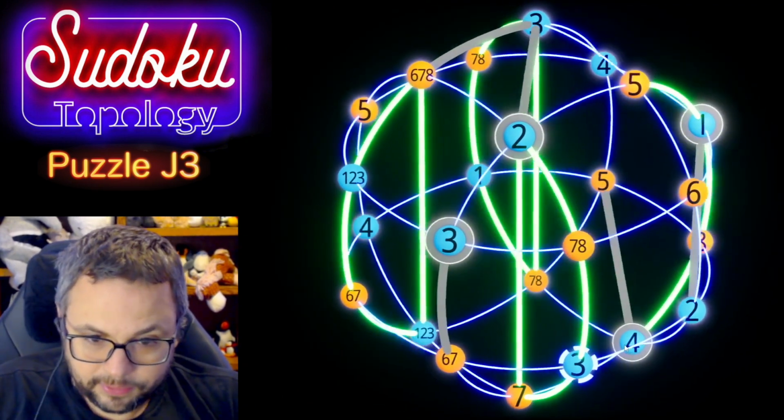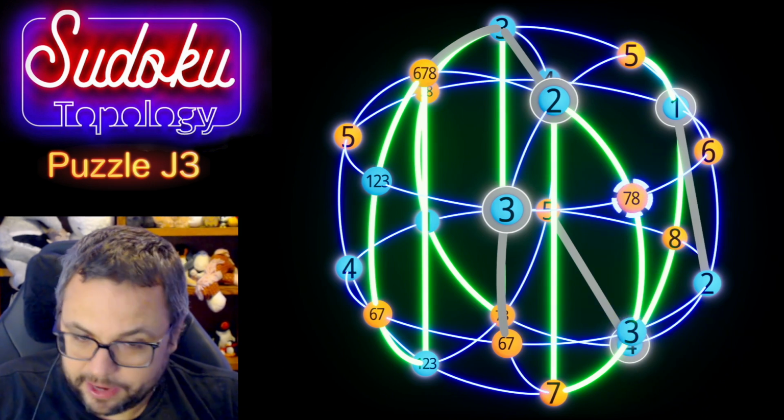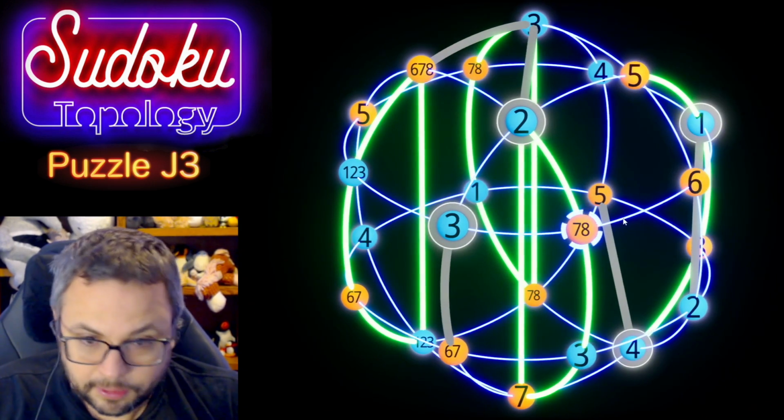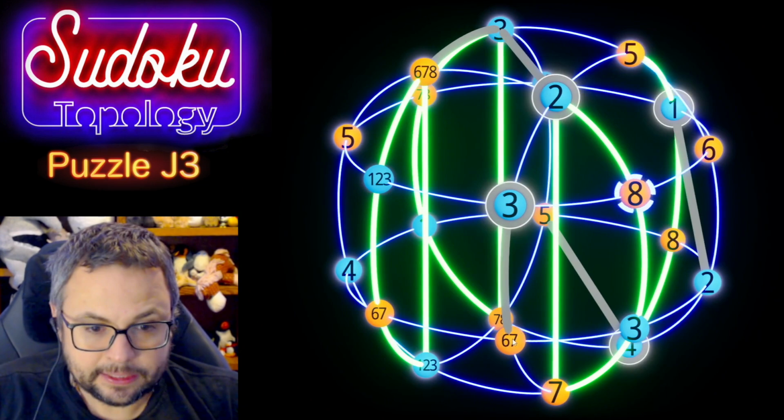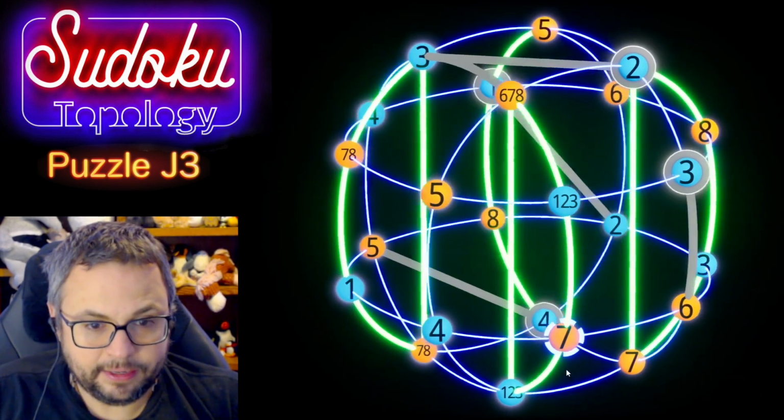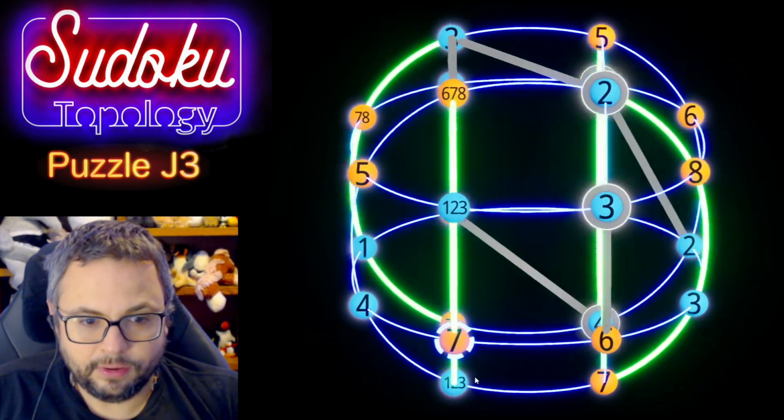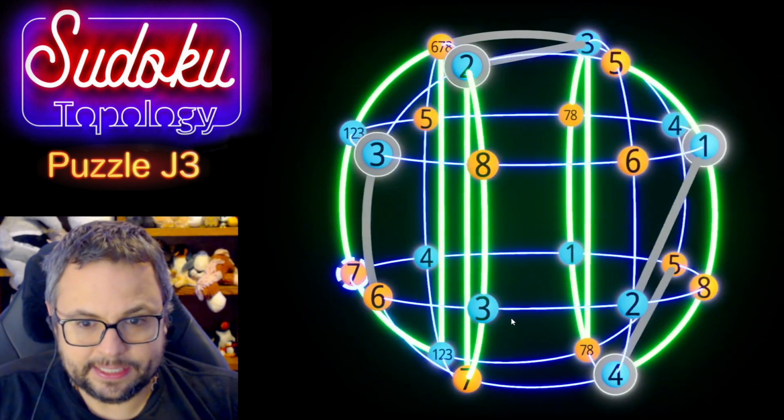And I will hold this game personally responsible next time I try and pencil mark 3 next to a 7 on a whisper. Anyway, that's an 8. That's a 6. That's a 7. So that circle is done.